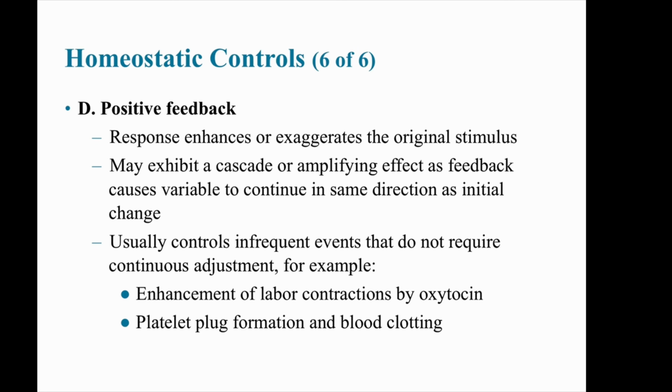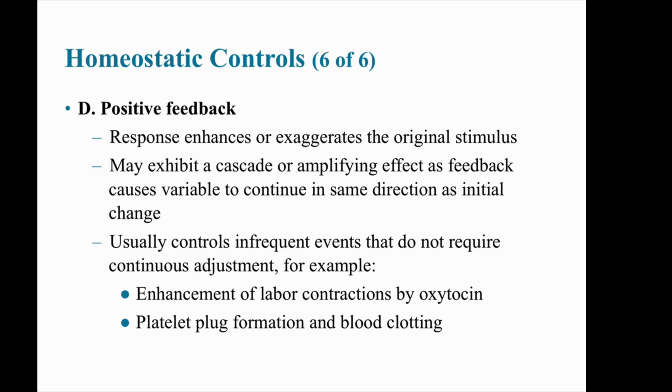In a positive feedback mechanism, an initial stimulus produces a response that exaggerates or enhances the change in the original conditions rather than opposing it. Usually in the body, positive feedback loops are often incorporated into control mechanisms in which a potentially dangerous or stressful process must be completed quickly.